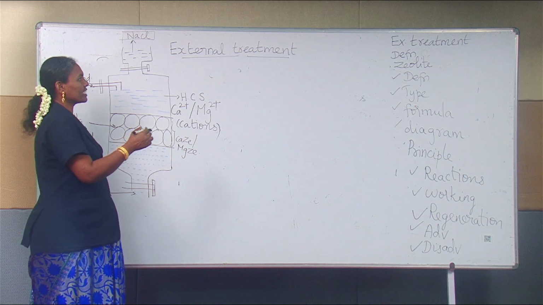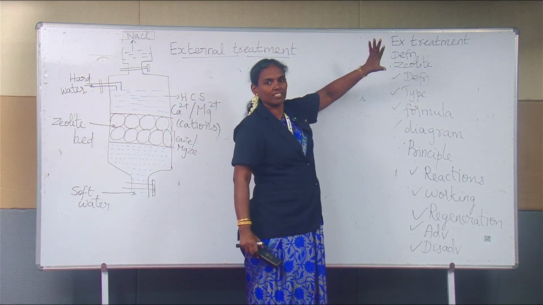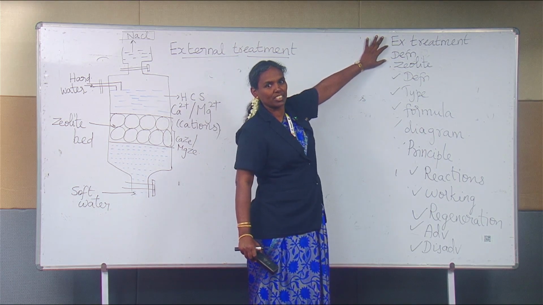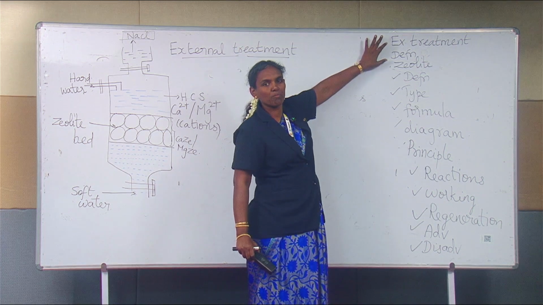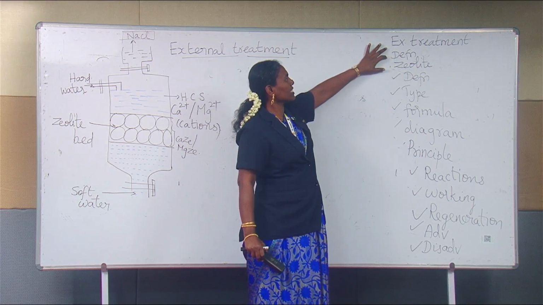First of all, you must write the definition for external treatment. In short, within 2 minutes, I will complete. So first of all, you have to write the definition: the removal of impurities from boiler feed water before feeding into the boiler is called external treatment.